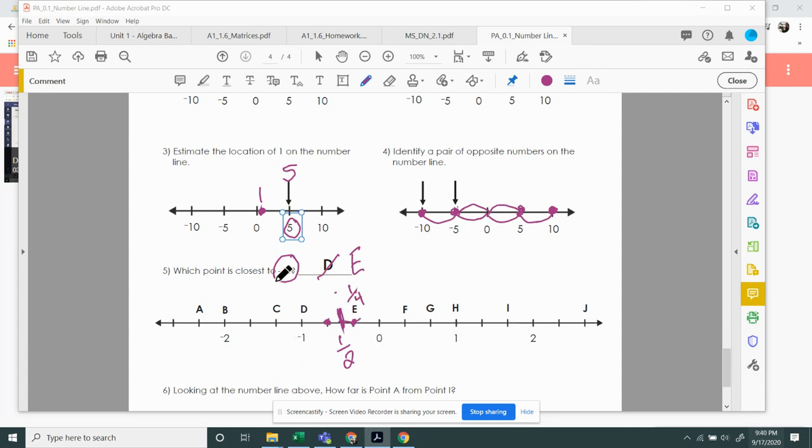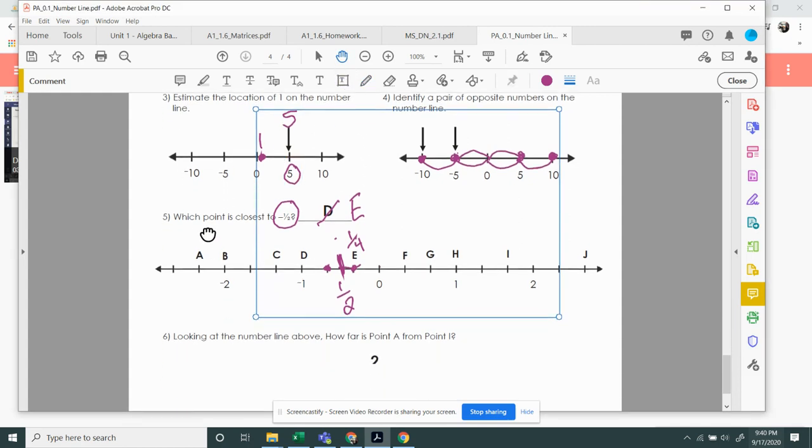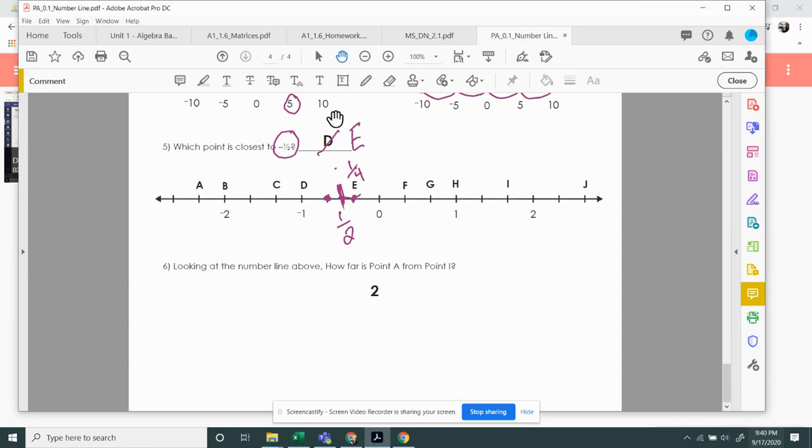Okay, now looking at the number line above, get my little hand so I can push the paper up. How far is point A from point I? So here's point A. And here's point I. And they said 2. Let me just clean that up a little bit.